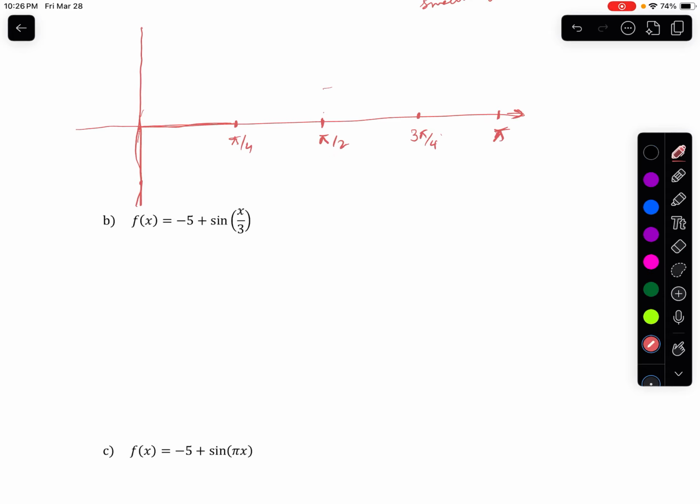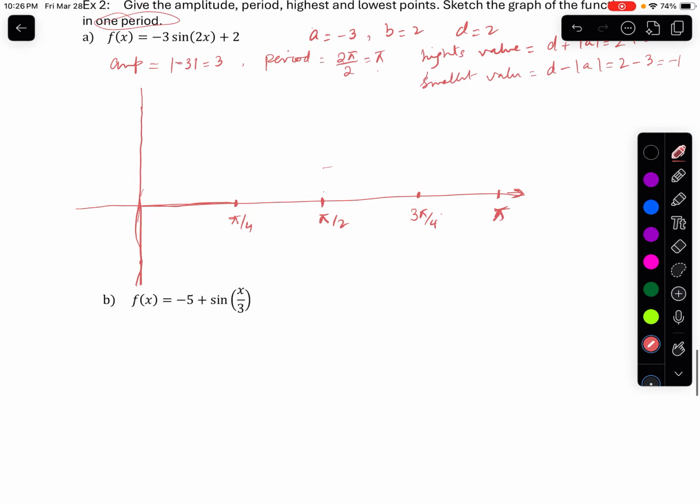Okay, so now this is minus, so we are done with working with this. This is a sine function. Sine is 0 at 0. It will be 0 at pi. Why?